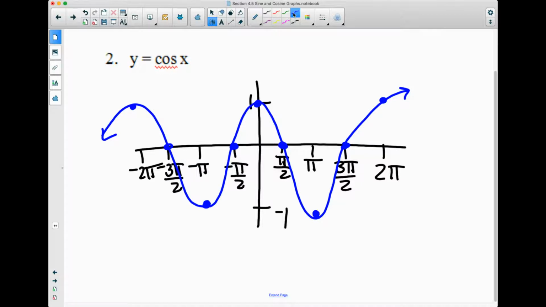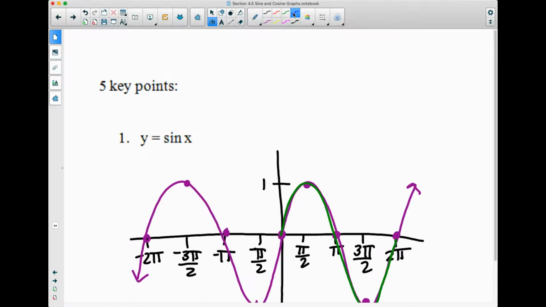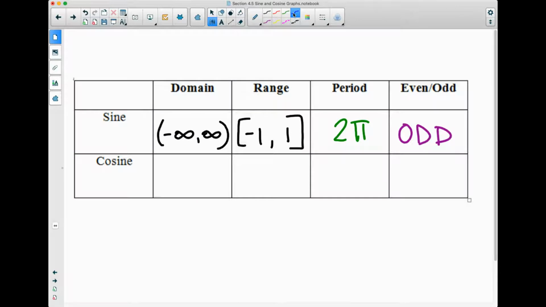So a lot of times you'll find that we'll do a lot more work before we actually graph something, but it's to make it easier on ourselves. So let's go back to that chart. Same thing. All real numbers from -1 to 1.